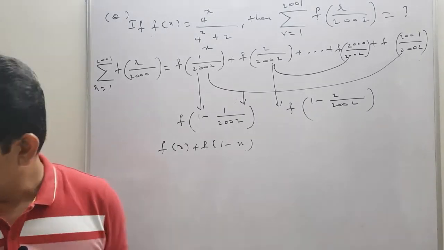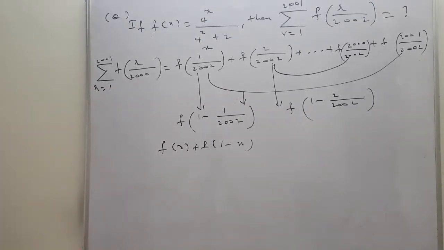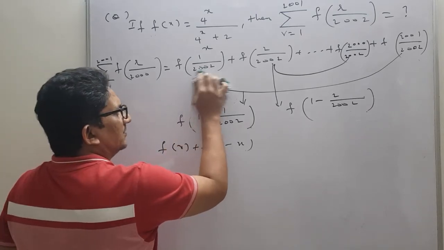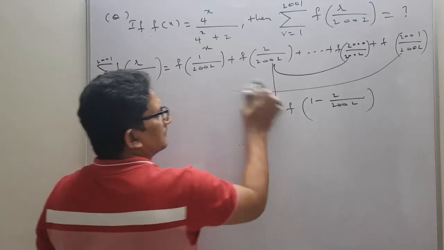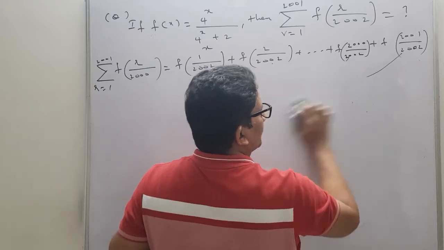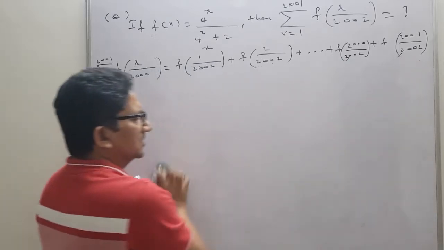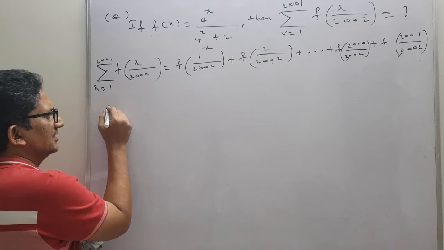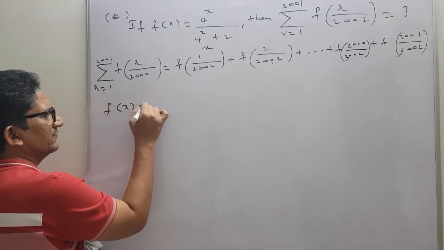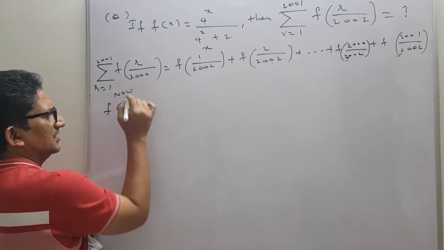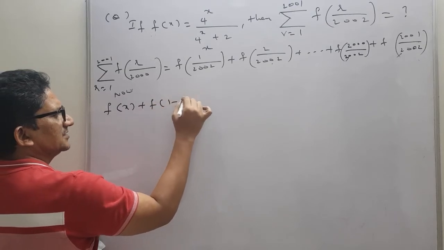Yes, sir. Okay. By taking the hint of that one, I am eliminating all this. Now in the given question, we will check exactly what the result of f of x may be. Now we will consider f of x plus f of 1 minus x.